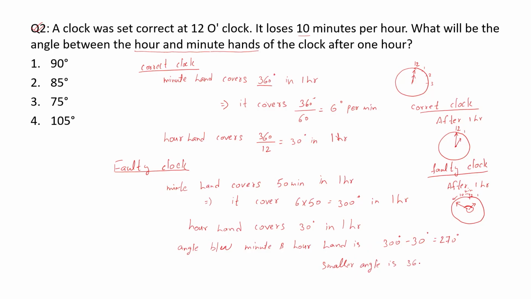Full is 360, right? 360 minus 270 becomes 90 degrees. So option A is correct. So this one is 270 degrees, but full is 360. So 360 minus 270 is 90. Right? So option 1 is correct.